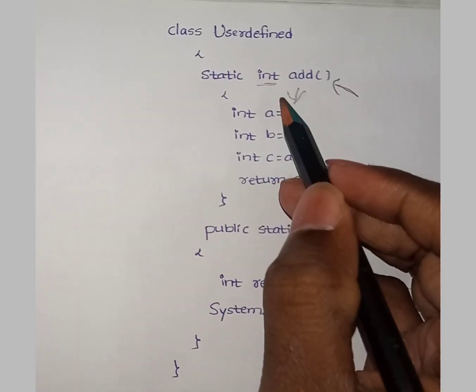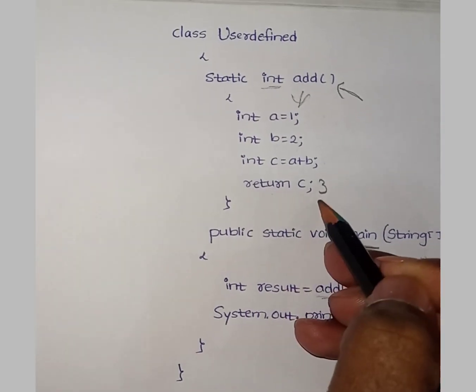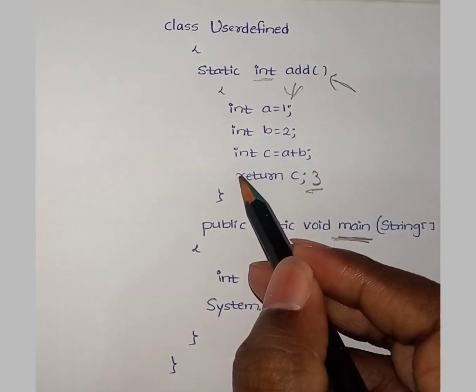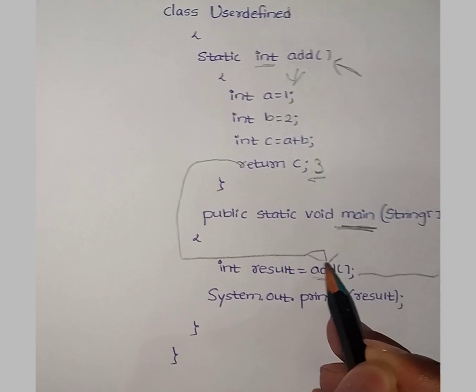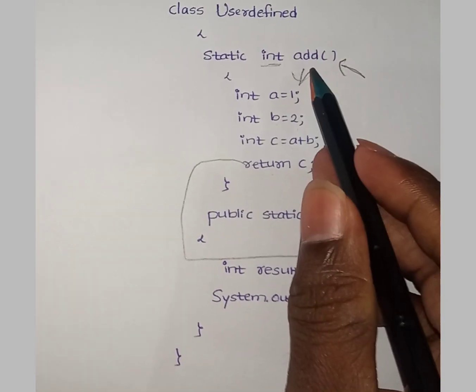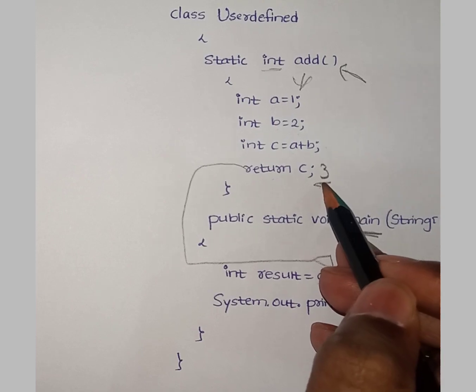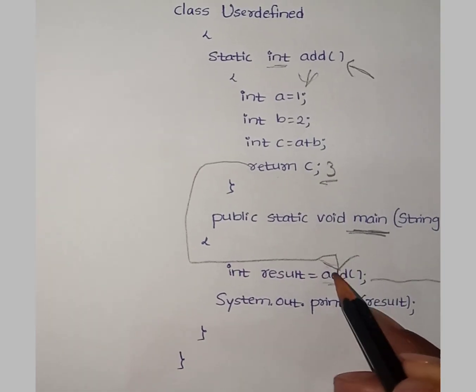As I have taken int as the return type, it returns an integer value. Once it returns the c value, it moves to the place where the function was actually called.